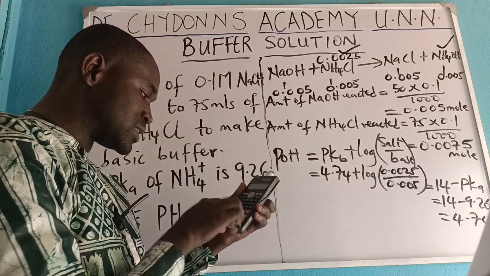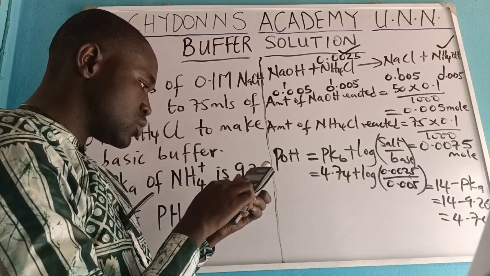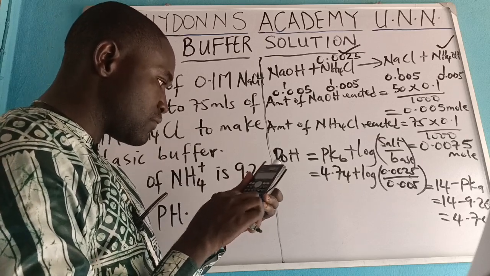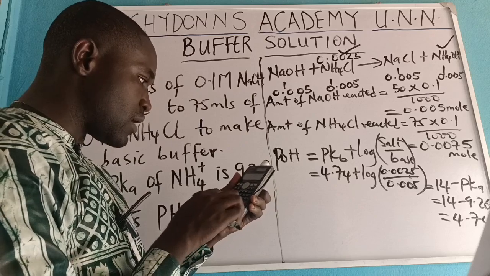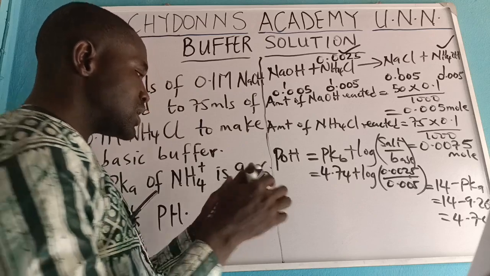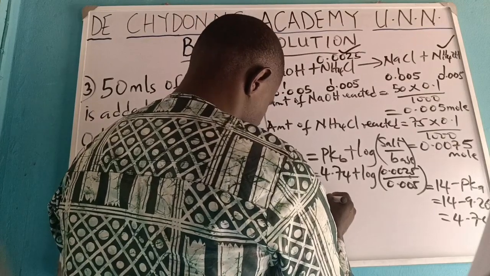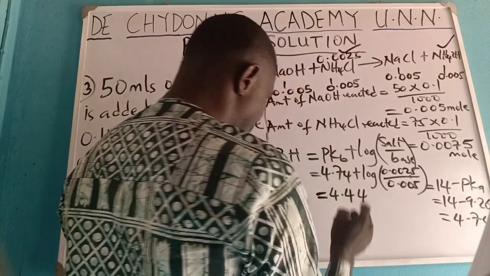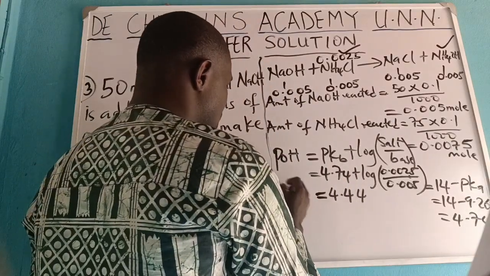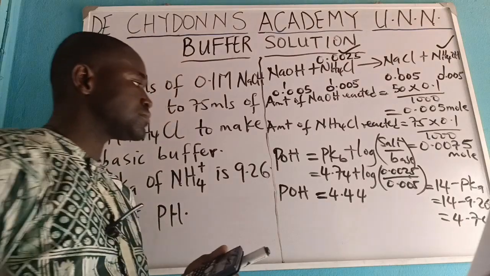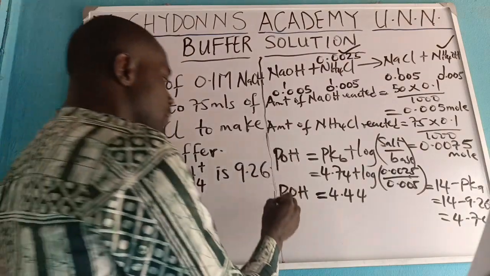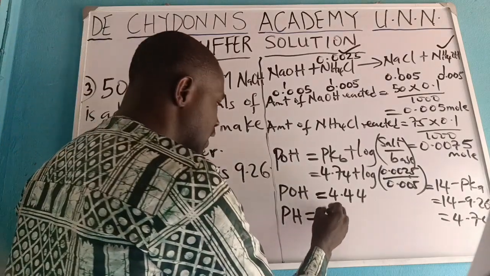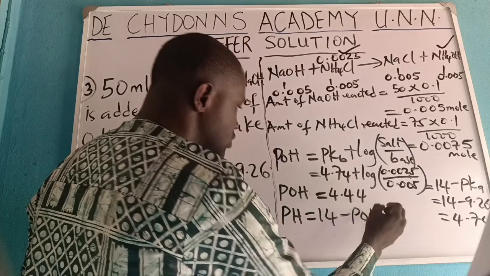So I will be putting it in my calculator. 4.74 plus log, bracket, 0.0025 divided by 0.005. That will be giving me 4.44 approximately. That is my pOH. Then my pH will be equal to 14 minus pOH.